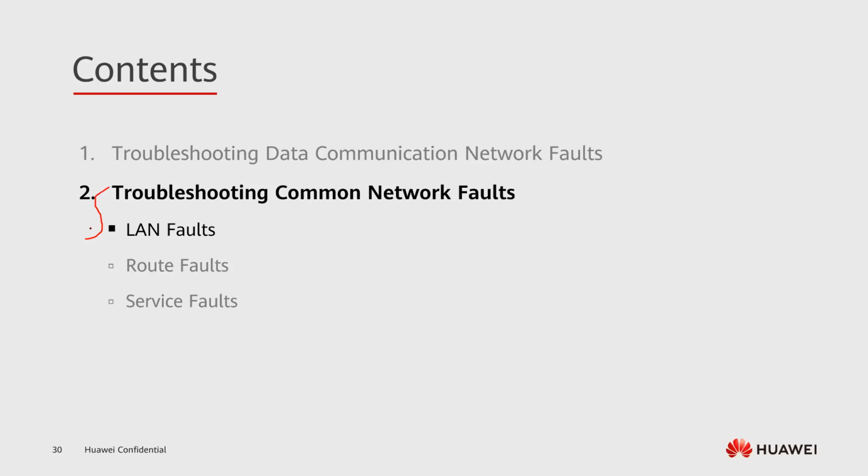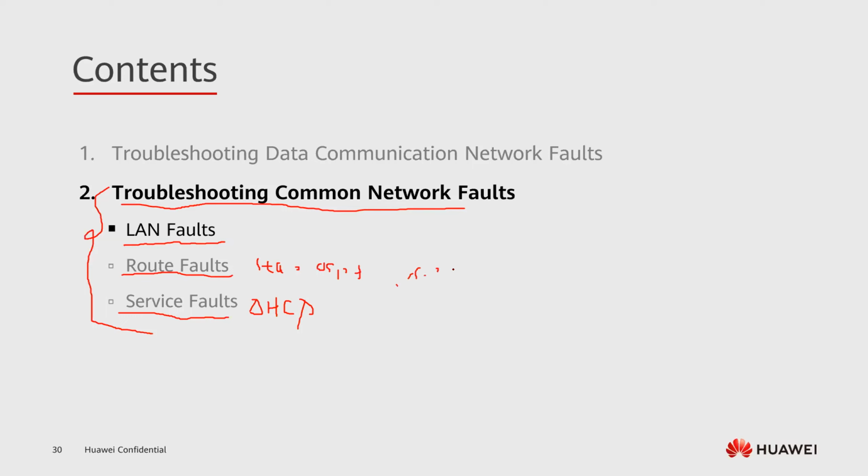Okay. The second part shows an example for troubleshooting. We classified the faults into 3 types: layer 2 faults, route faults, and service faults. For service faults, we use DHCP as a service. For route faults, we have static route, OSPF, IS-IS, and BGP.